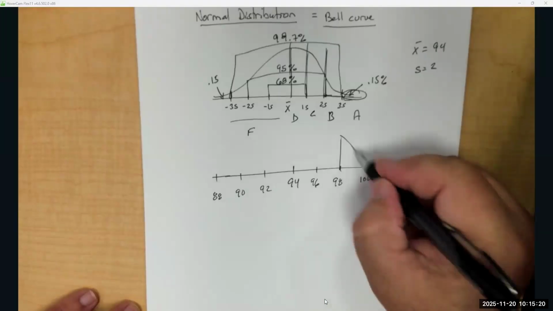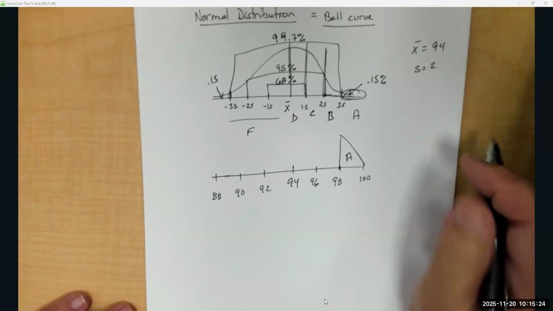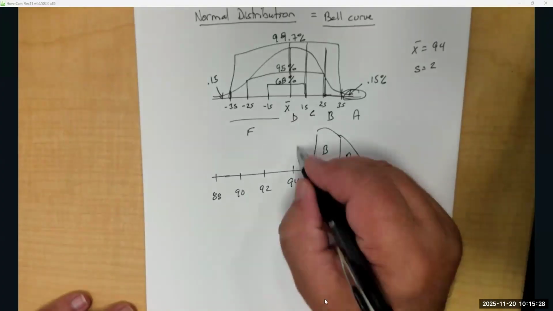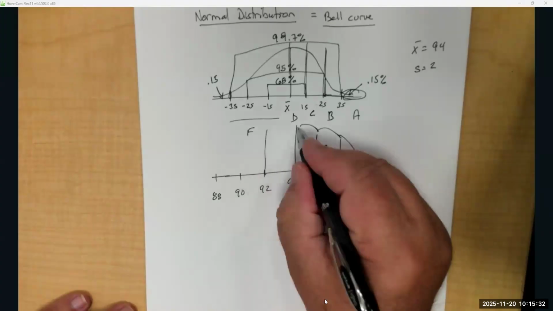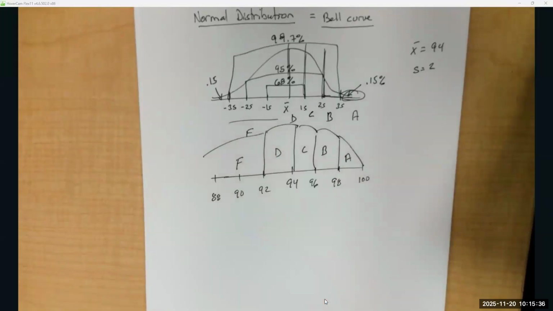So between these two, if you made 98 to 100, you made an A. If you made a 96 to 98, you made a B. You made a C. You made a D. You failed. So when you get your grade, you made a 90, you said, hoo-hoo, I passed. No.